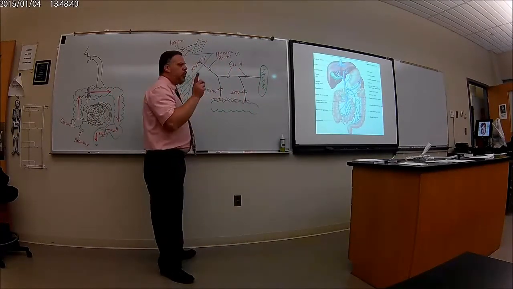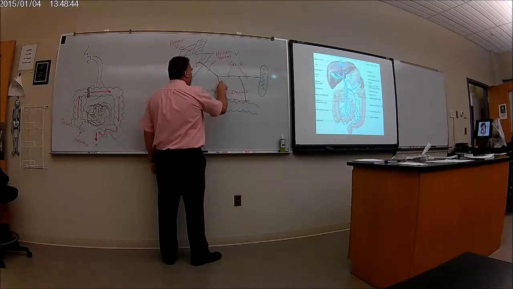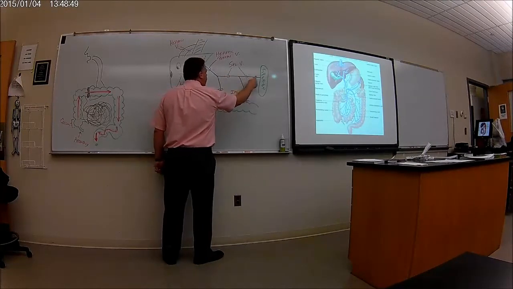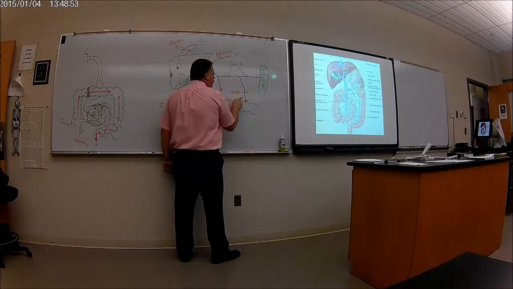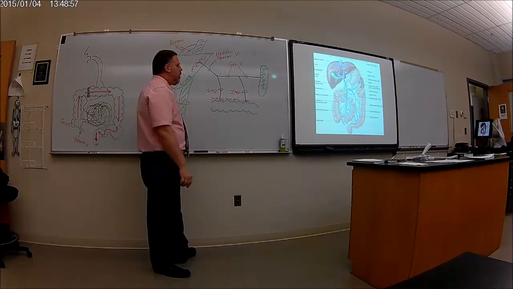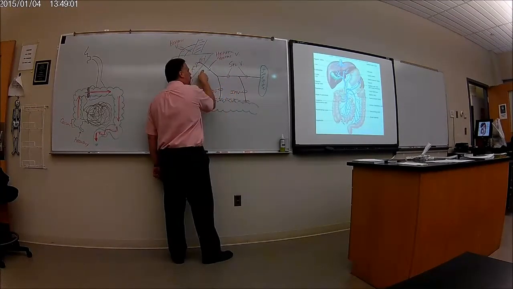All right. The other thing I just want to mention that I see a lot of students getting wrong: this whole thing is the splenic vein. Not just this, not just this. It's the whole thing. The inferior mesenteric vein goes into the splenic vein. The splenic vein meets up with the superior mesenteric, and now it's the hepatic portal.